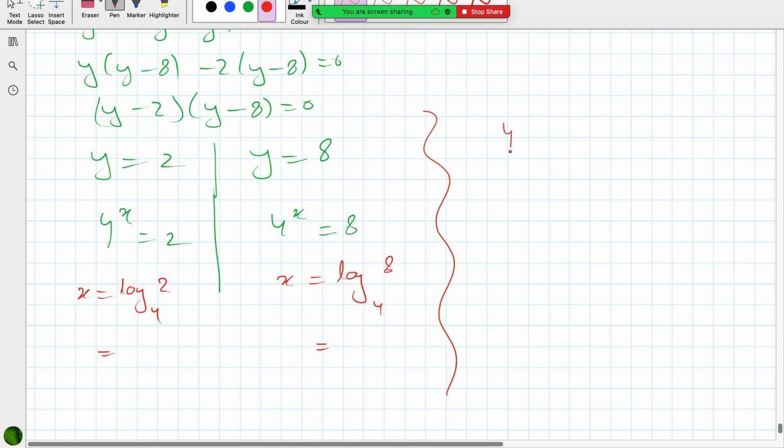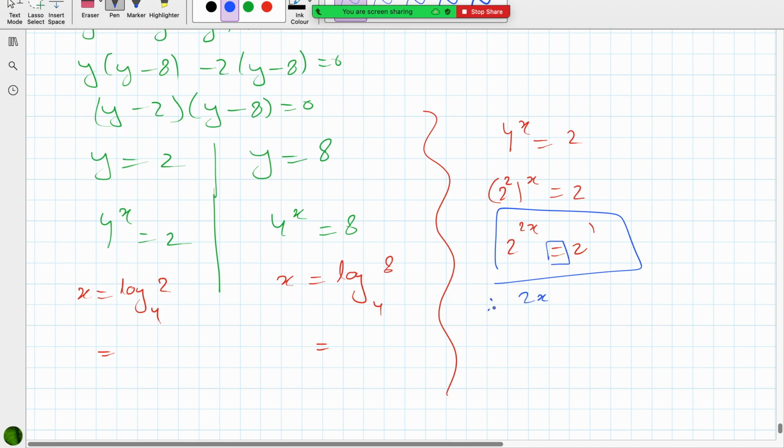If you are doing it without the calculator, I'm converting this 4 into 2 square. 2 square power x is equal to 2. So we can write 2 raised to 2x is equal to 2 raised to 1. Now we know bases are the same and there's a sign of equality, so therefore 2x is equal to 1 and x is equal to 1 by 2.